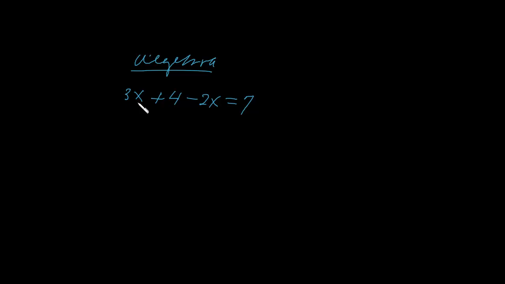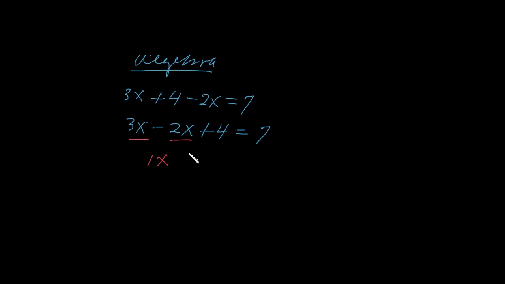So in solving this equation, let's say you rewrite the sentence so that it's 3x minus 2x. We bring this 2x over, and then the plus 4 is there. We put that 4 there, equal to 7. We know that the 3x and the negative 2x are like terms, so that becomes 1x.